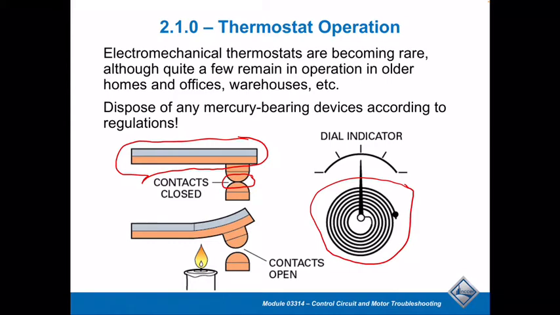And of course, when you open it, you want it to open fairly quick. The whole reason behind that is you'd like to prevent any type of arcing inside of it, because any level of arcing within those thermostats is going to eventually create some resistance, which can start to cause problems for us.